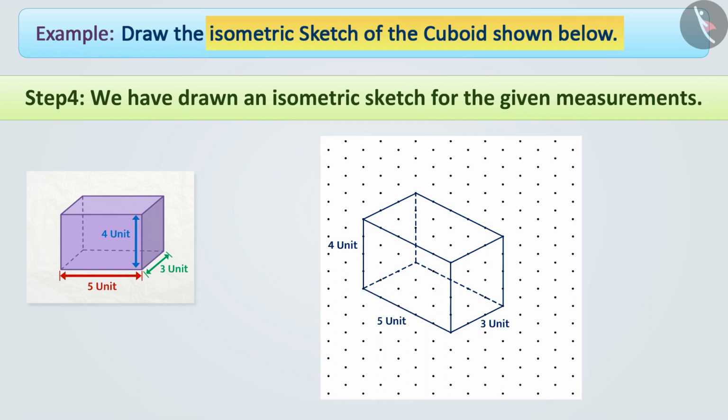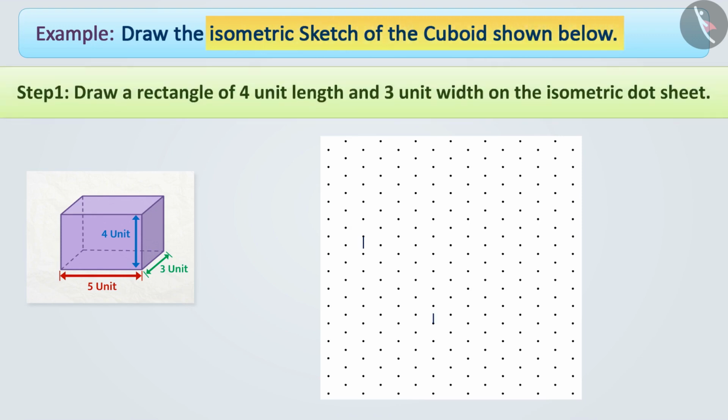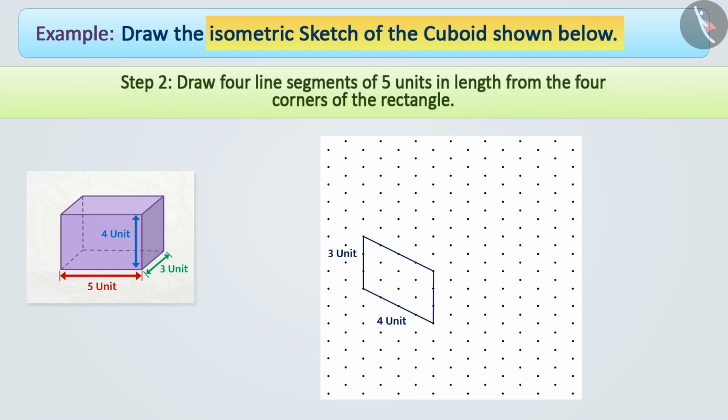We can also draw isometric sketches in different ways. Let's draw the isometric sketch of this cuboid in a different way. Step 1. First, we will draw a rectangle of 4 units length and 3 units width on the isometric dot sheet. Step 2. Draw 4 line segments of 5 units in length from the 4 corners of the rectangle in this way.